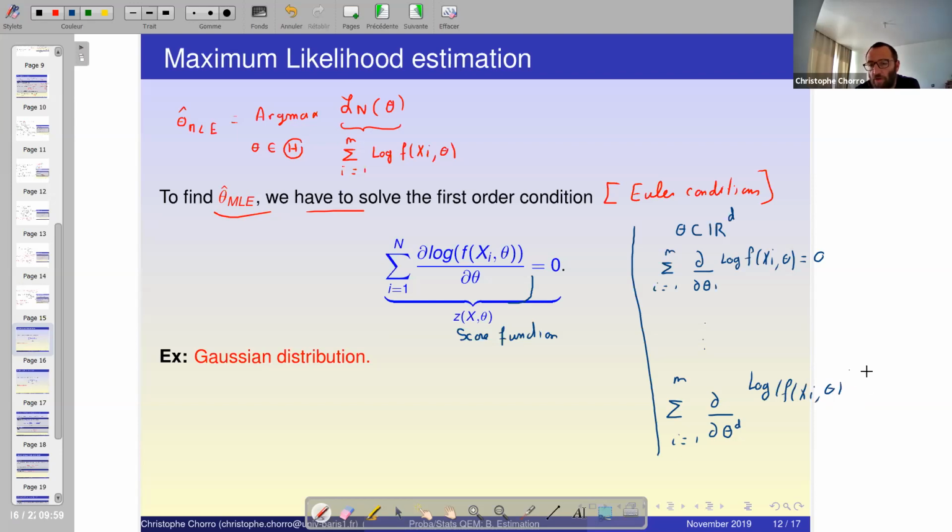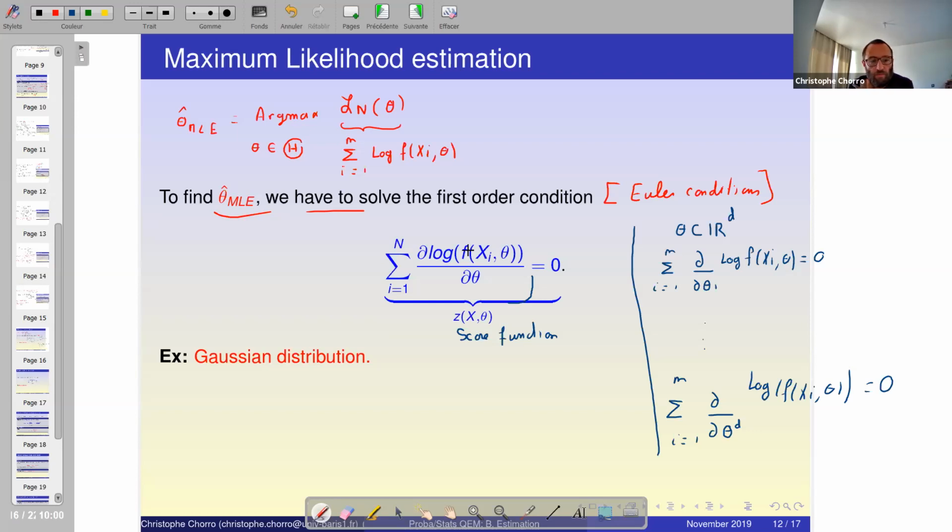So the Euler conditions are just a single equation in the case where my parameter is a real number, but will be a set of d equations in the case where my parameter is a vector. It's the classical way, and I can write it in this short way, having in mind that this is what we call the gradient of this mapping, that is the vector of the partial derivatives.